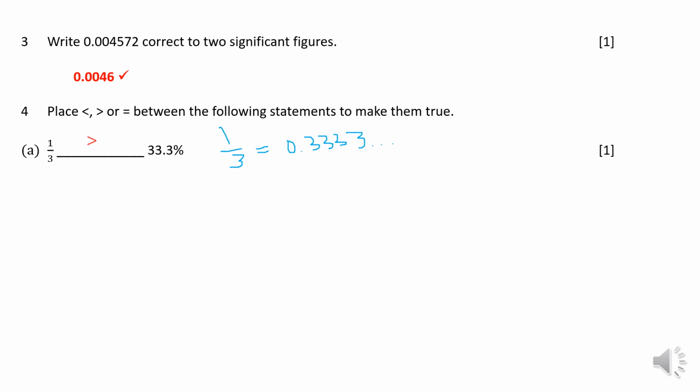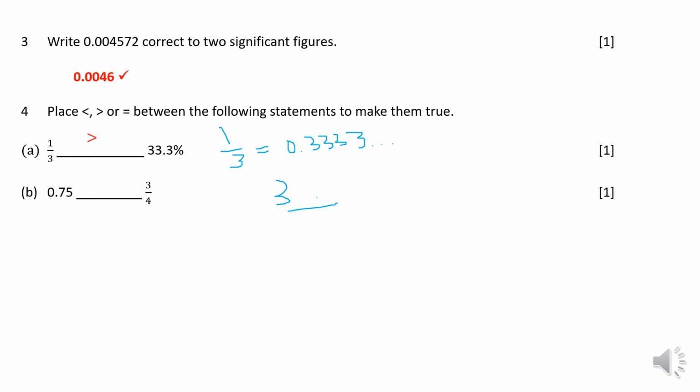So it is bigger than 33.3%, because 33.3% is a terminating decimal. It means it ends while the other one keeps on continuing. So this one is 0.33, and that's where it ends. You must know the fundamental difference, but you can always use the calculator.